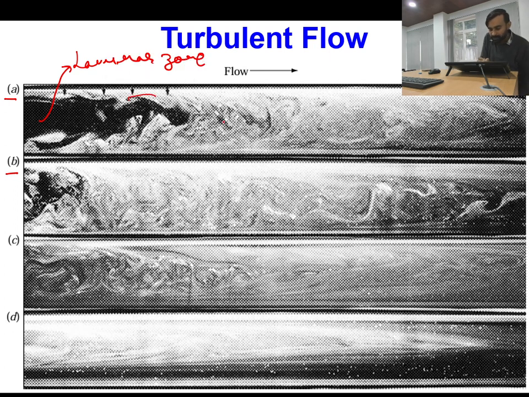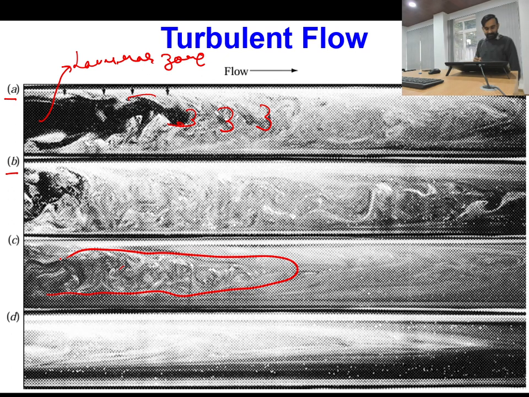Outside this you can see a lot of surface irregularities, some sort of rotating and chaotic interfacial structures. These chaotic structures are nothing but the turbulent zones. Further, when you move away from the entry of the pipe, these turbulent zones become more chaotic, and this is an even more complex chaotic portion.